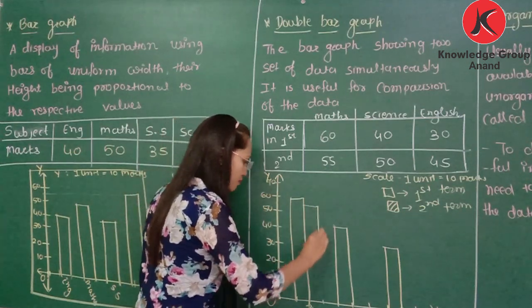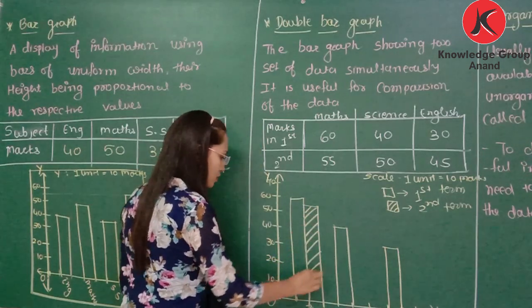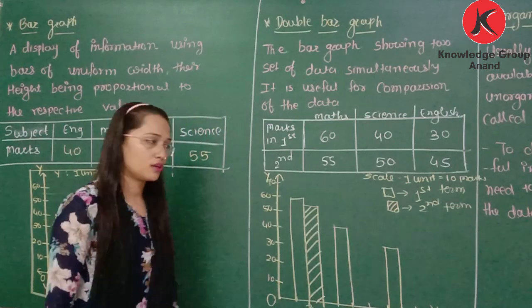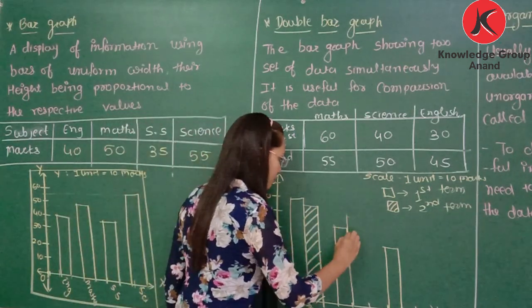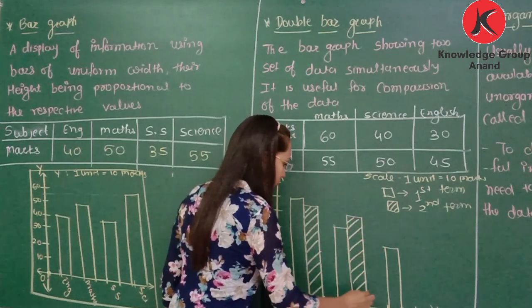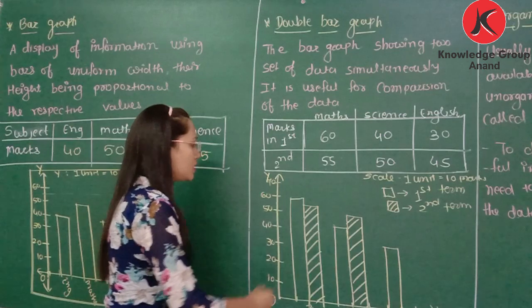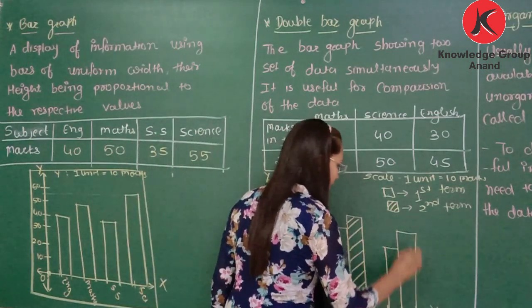We can represent the marks in the second term by the shaded bar. So this is the marks of the second term. Now for 50 in science, so 50. Now in English it is 45, so it is between 50 and 40, so we can represent it like this.